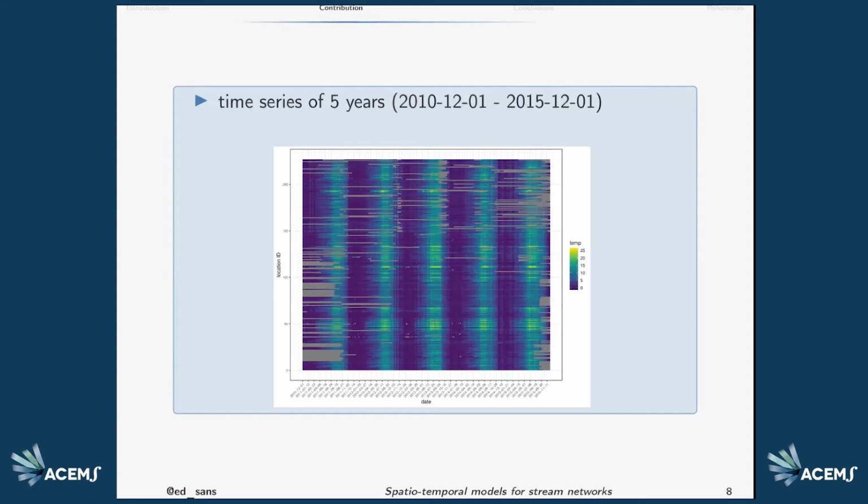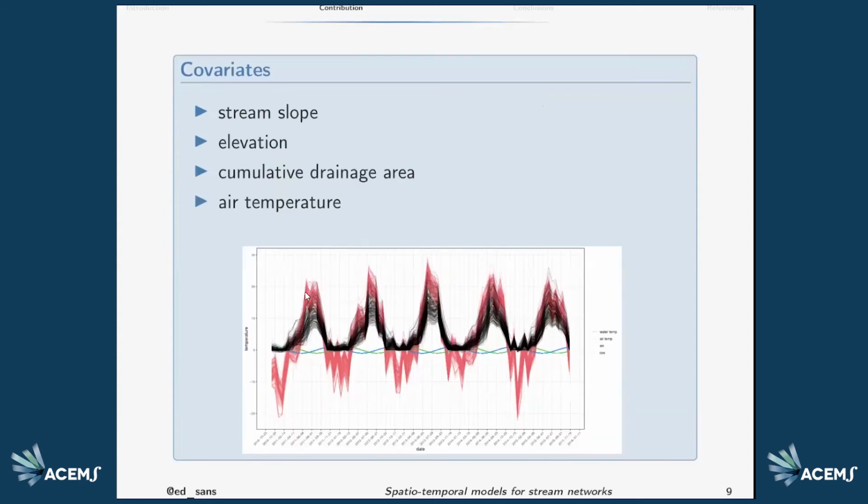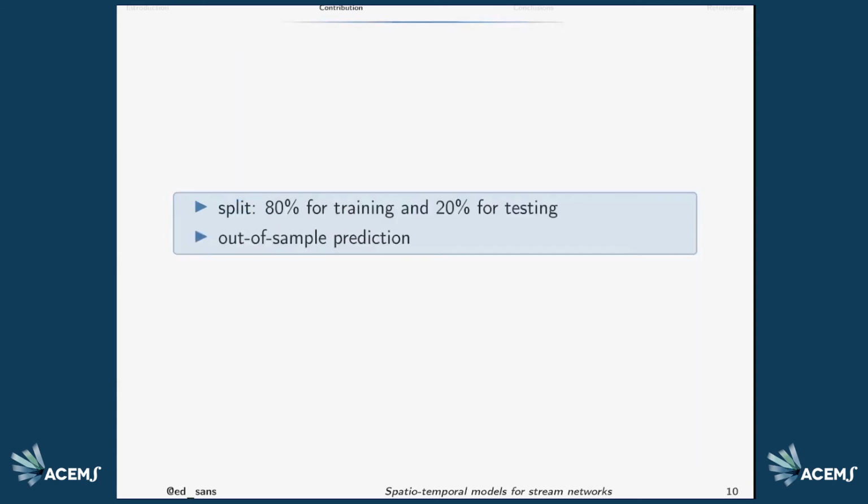We use the following covariates. For example, we consider stream slope, elevation, drainage area, and air temperature. As usual, we split our data set into training and testing, and then we assess the out-of-sample prediction in our testing data set.